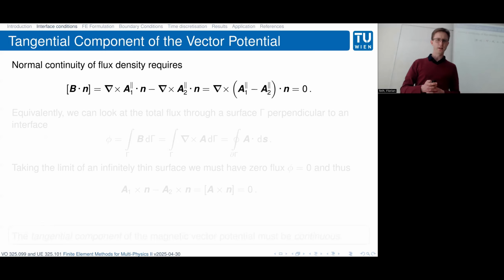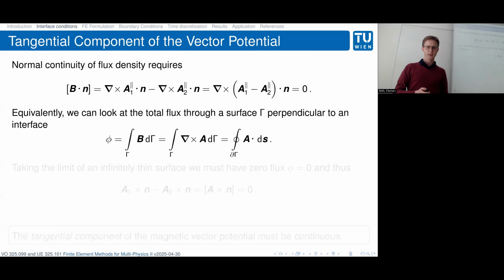Here we can then see that we only need the parallel components for this. So only if the parallel components of the magnetic vector potential match, we have zero jump in the normal flux density.